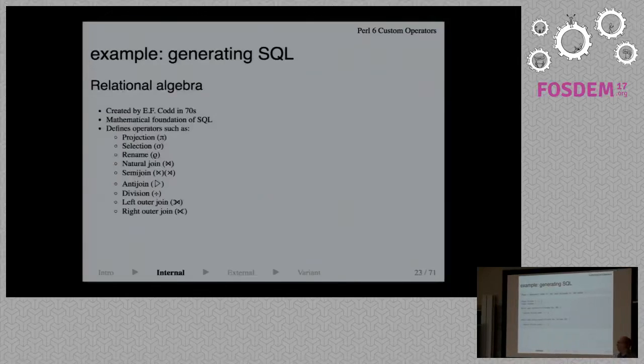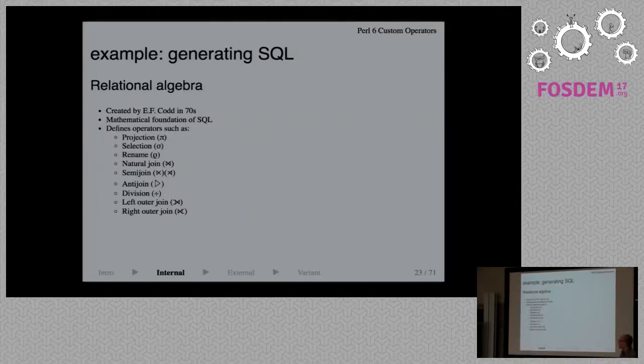Namely, before there was SQL, there was relational algebra. So in the 70s, when E.F. Codd came up with SQL, he first started talking about the mathematics behind it and how you would express queries in this algebra.